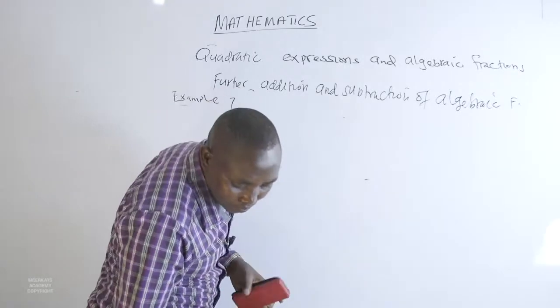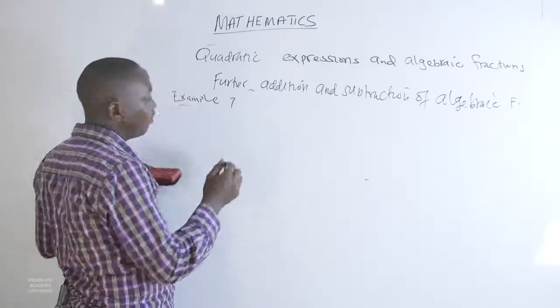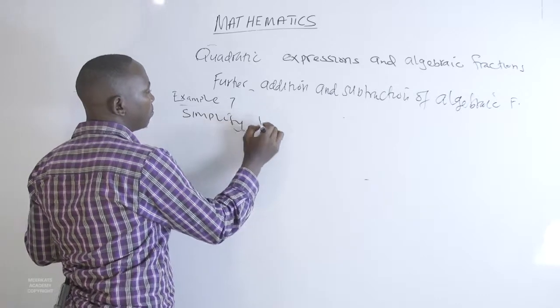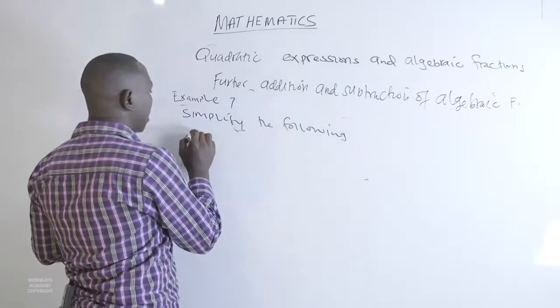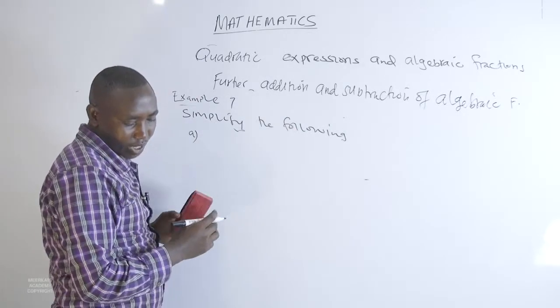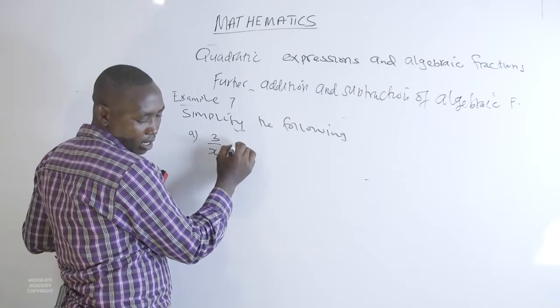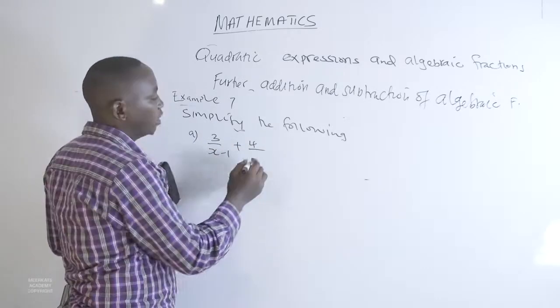Example 7, we are told to simplify the following. One, 3 over x minus 1 added to 4 over x plus 1.